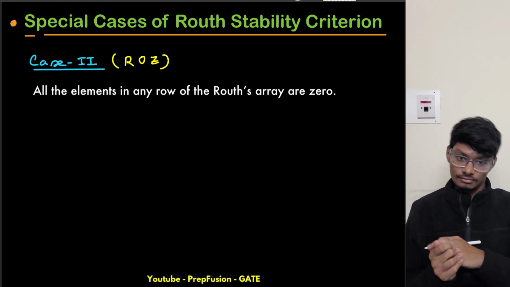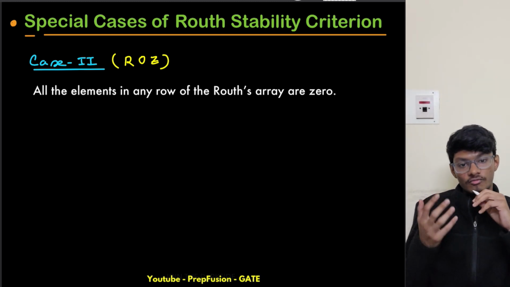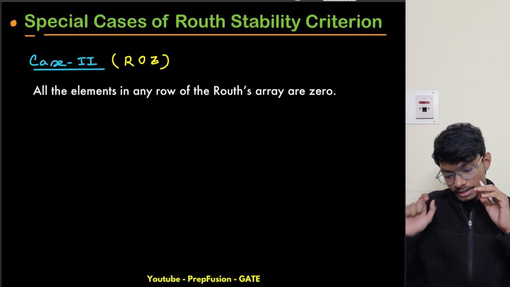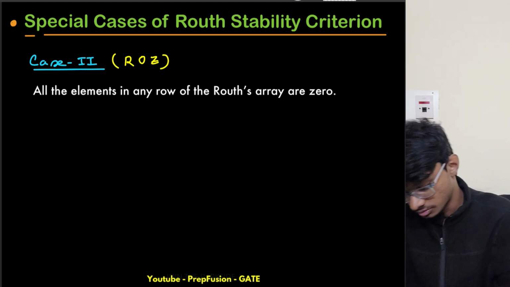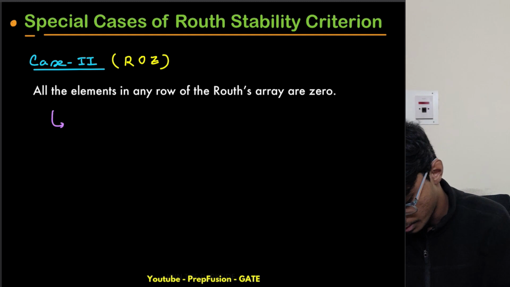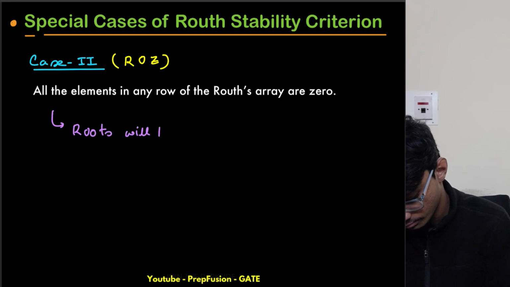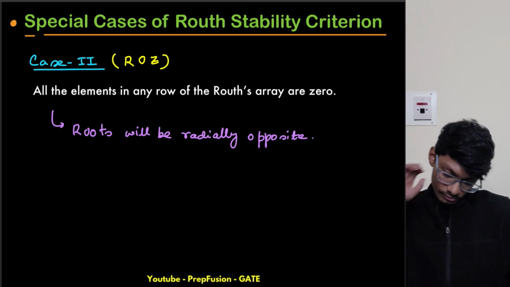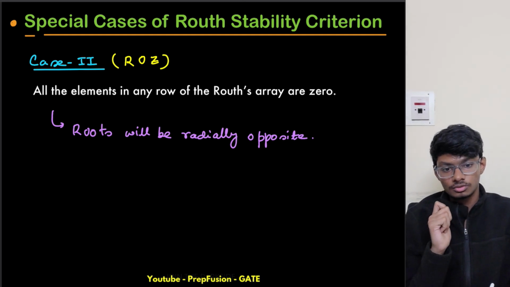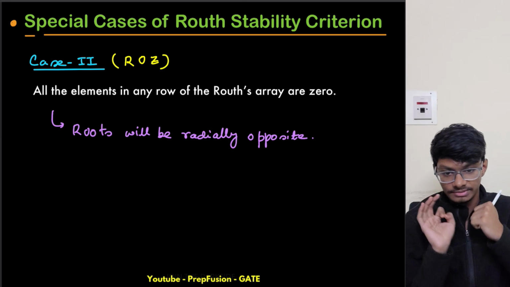Okay, so basically, what happens when I get a row of 0? When I get a row of 0, what I get to know is my roots will be radially opposite. So that is basically what row of 0 means.